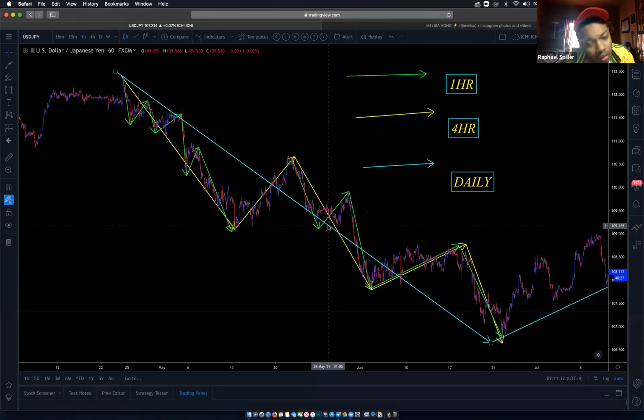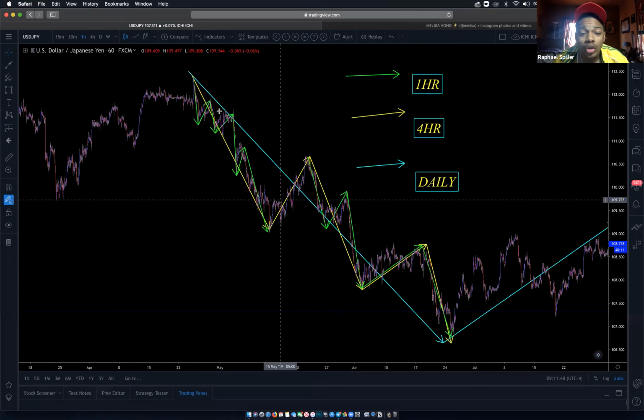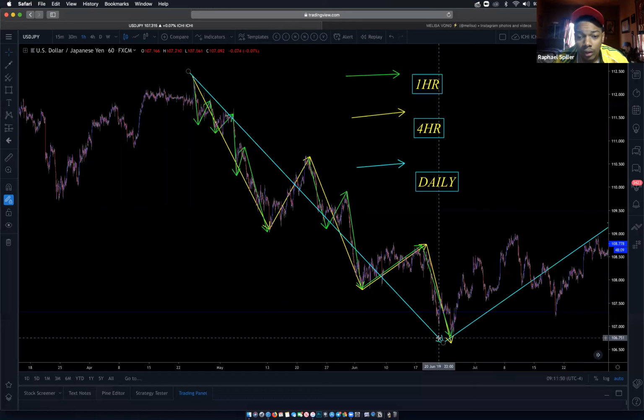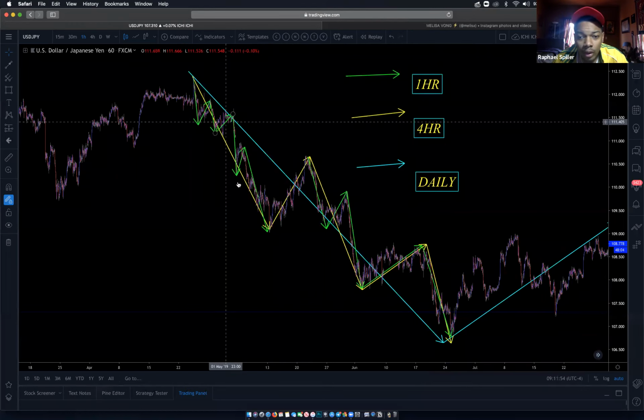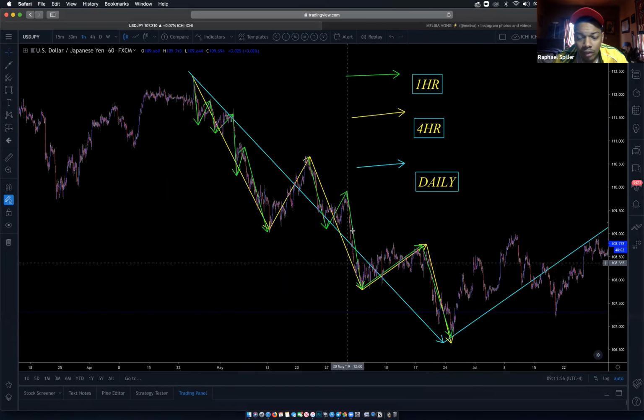I'm going to call this the golden rule. It takes a little bit longer to create the actual pattern for you to actually get in the trade, but you'll catch a lot more pips, right? And then on the daily, this huge impulse is the daily. But on the lower time frame, you see you have a lot more moves.